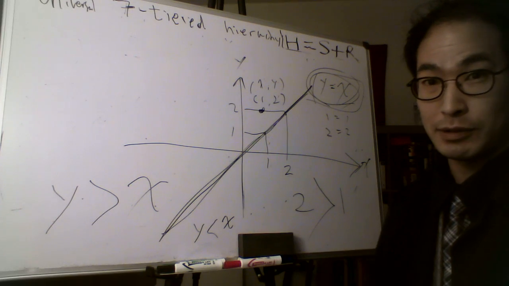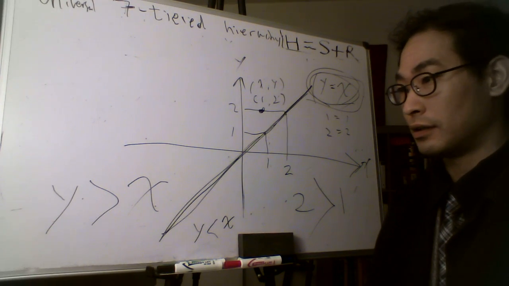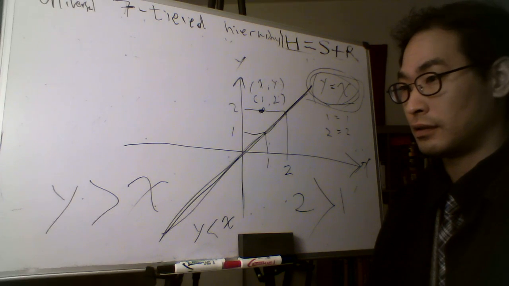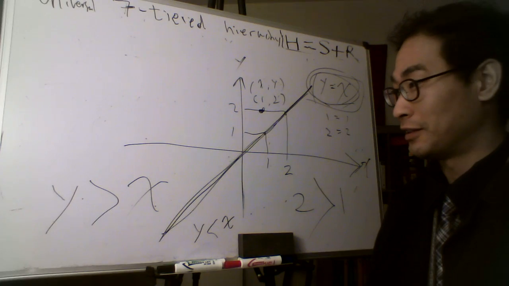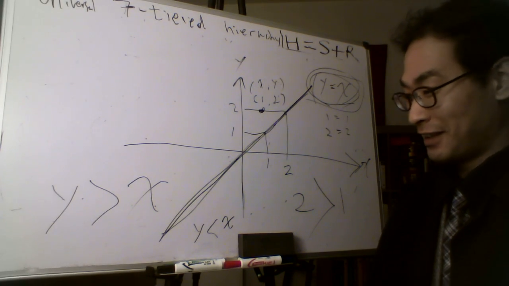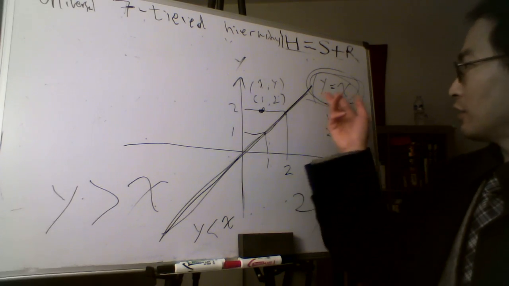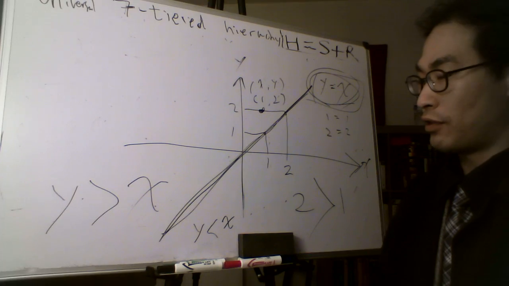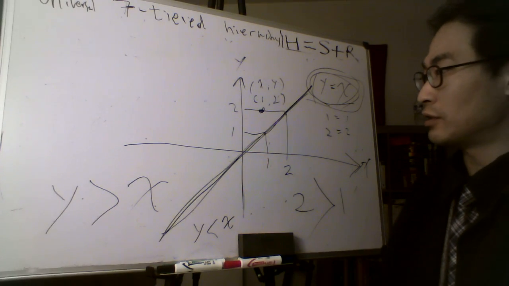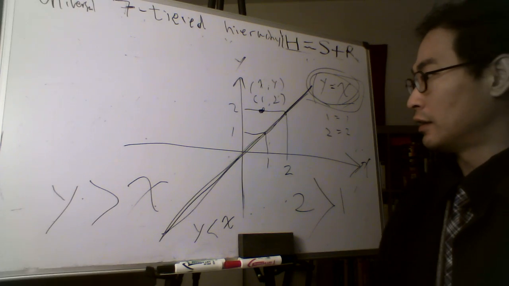In four-dimensional space, an equation defines some three-dimensional object, I guess. So you got the idea, okay? In two-dimensional space, an equation defines a line. In three-dimensional space, an equation defines a plane.